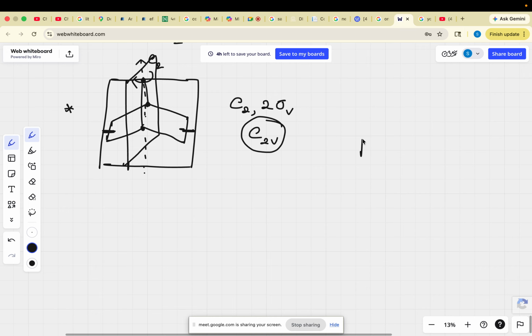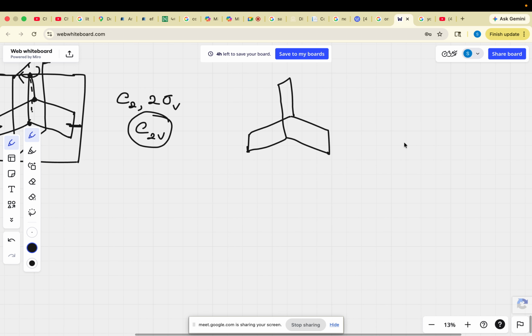Now next, suppose you have this. If you get this kind of molecule, in the front side you have front carbon similar to your BH3 type of molecule.